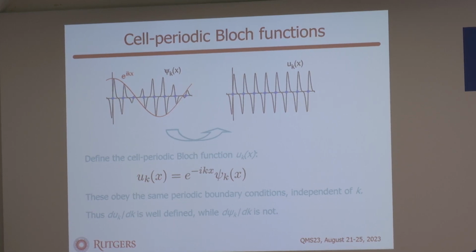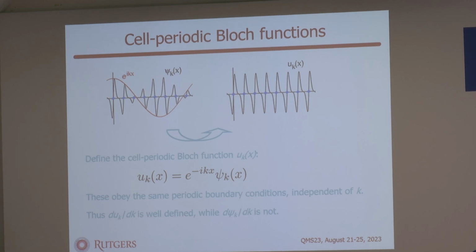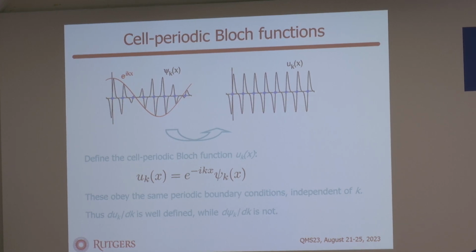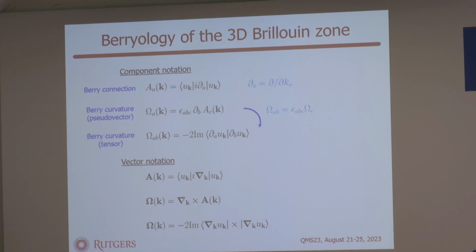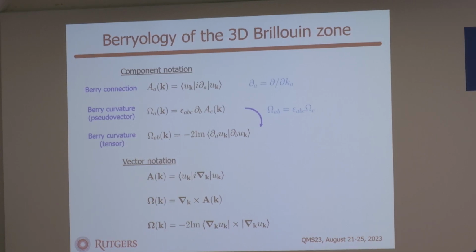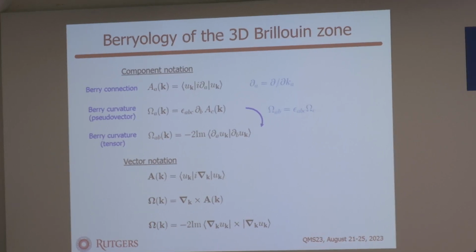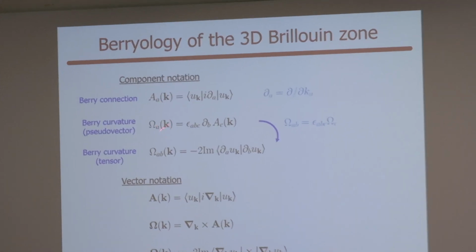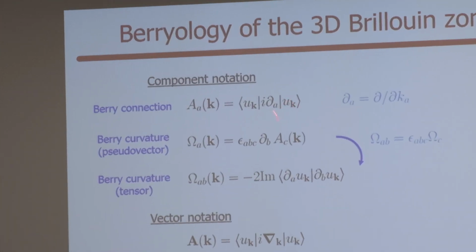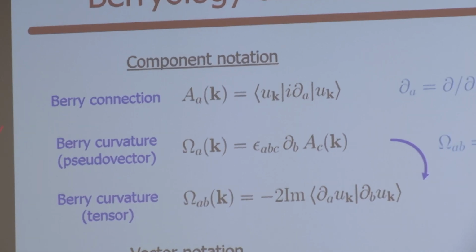But the u_k's all belong to the same Hilbert space. They belong to this Hilbert space of truly periodic states on the unit cell, and so there's no problem with taking a wave vector derivative of the u_k. And so that's what we do. We define all of the quantities that I just talked about in terms of derivatives with respect to wave vector of the cell periodic Bloch functions.